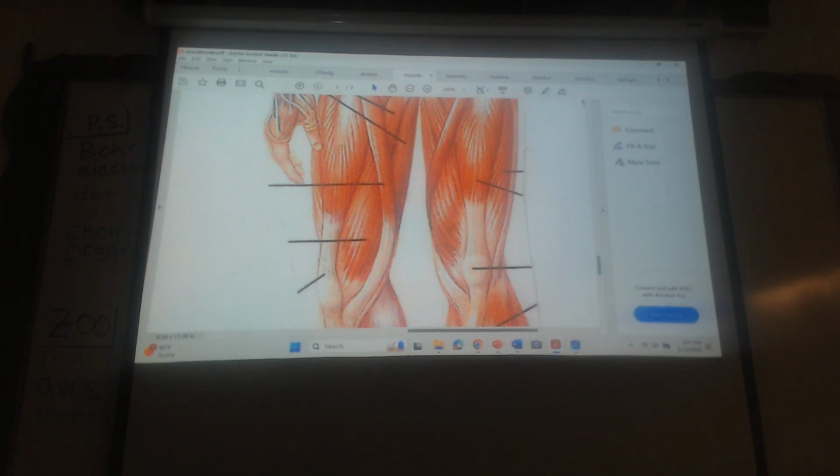Okay. Here, there's nothing pointing to this. But there is on the other side. This muscle is the same as this one. This will be your right rectus femoris. This is your left rectus femoris. Okay? So, why is it called femoris? Because your femur's right there. Okay?